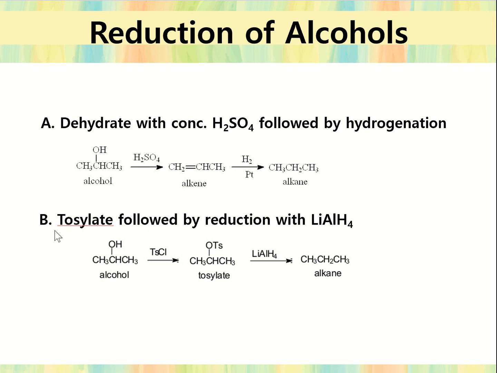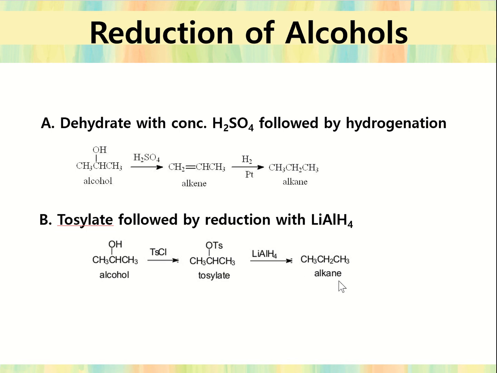Now this reaction may be new. The tosylate followed by a reduction with lithium aluminum hydride. So we have our tosyl chloride here, which can replace our hydrogen here, right, to form our tosylate, and this species can be reduced by lithium aluminum hydride to our alkane, right?